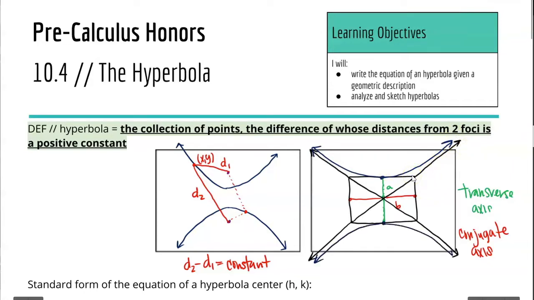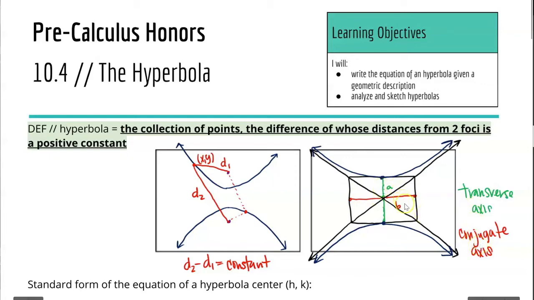Or if this were a horizontal hyperbola, they would open left and right, and we would have to switch the a and b values. So the a values always go with what type of hyperbola it is. So if it's vertical, they go up and down, or if it were horizontal, it would go left to right. And then the b values always go with the conjugate axis.